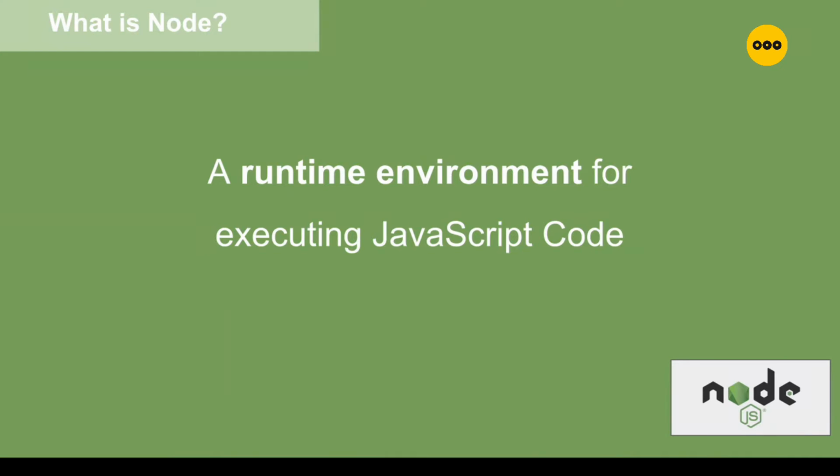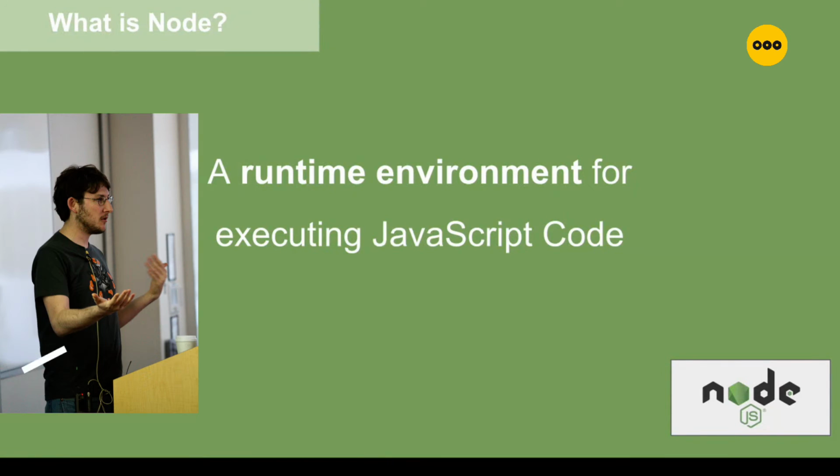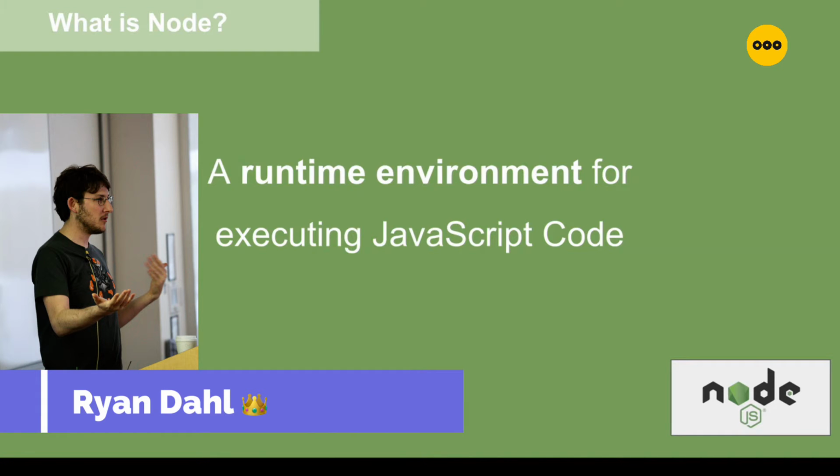Okay, so before 2009, the only environment for us to run JavaScript code was the browser. Inside the browser, that was the only environment. But there was this programmer, Ralph and something. He just sat down and he thought, JavaScript can do more.